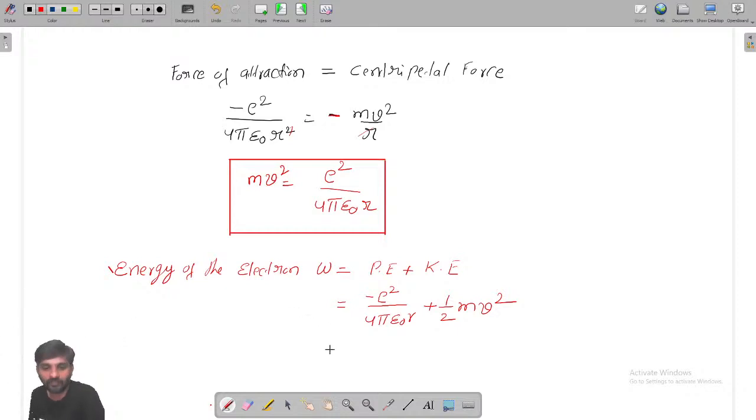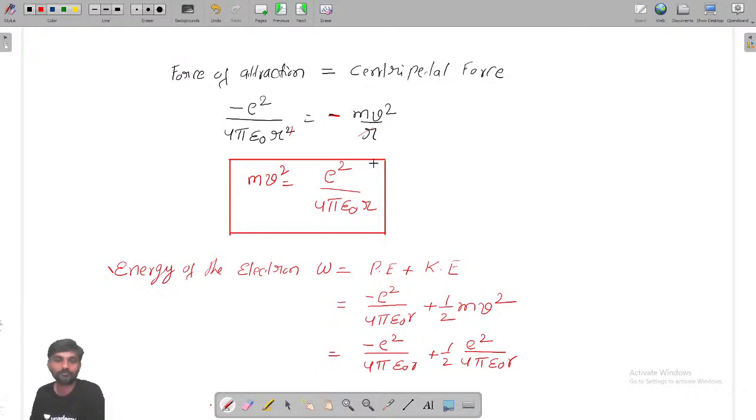Half mv square. We can see here, this is going to be minus e square by 4 pi epsilon naught into r plus half into, what is mv square? Just now we discussed, this is going to be e square by 4 pi epsilon naught into r. So, this is going to be 1 by 8, and this is going to be minus 1 by 4.